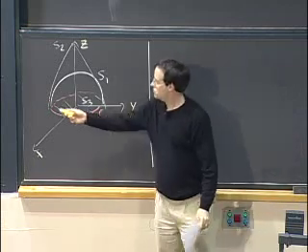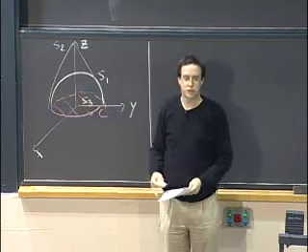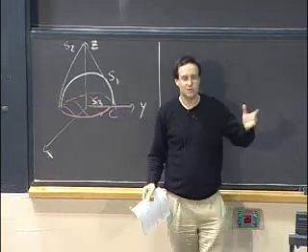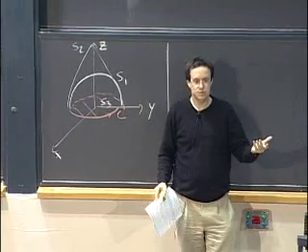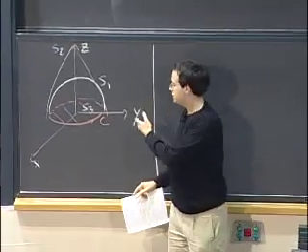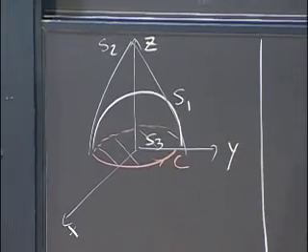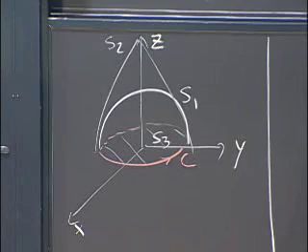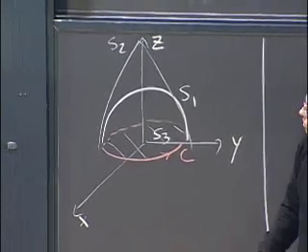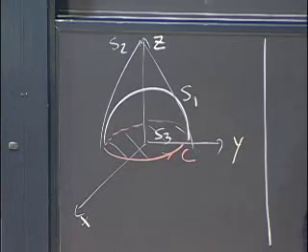Similarly, to define the work, I need to choose which way I'm going around my curve. If I change which way I go around the curve, then my work will become the opposite. So I have to orient the curve C and the surface S in compatible ways. So we have to figure out what's the rule for how the orientation of S and that of C relate to each other.